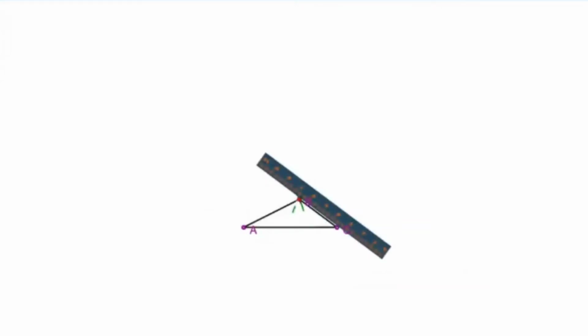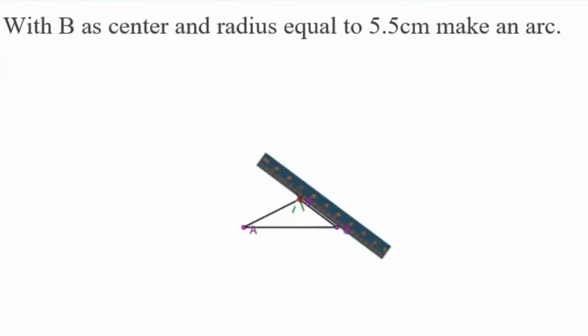So I have got the vertex B now. Now my next task is to find out the vertex D. So I will take the two sides which are having the D vertex as a common vertex. That is, I will take BD and CD. So for that, with B as center and radius equal to 5.5 centimeters, the length of BD, I will make an arc.